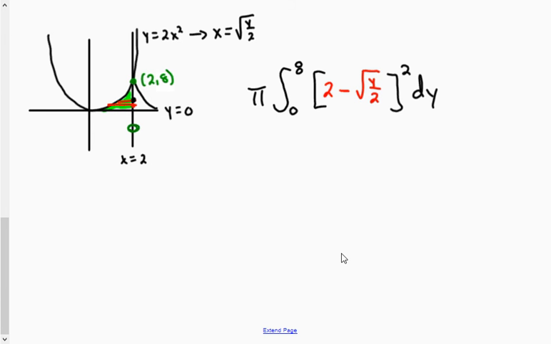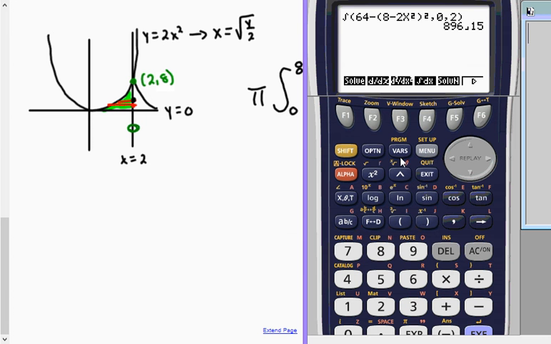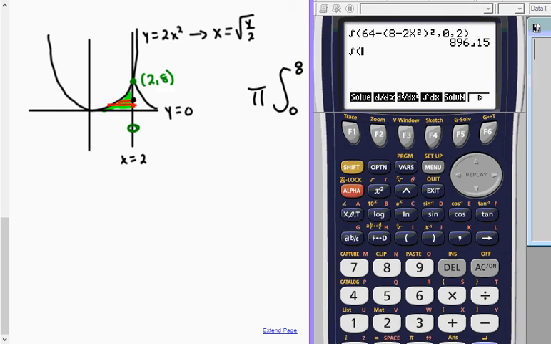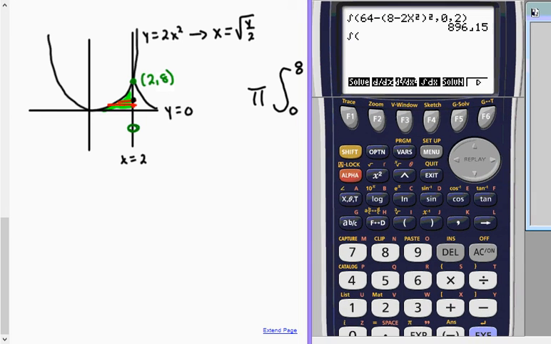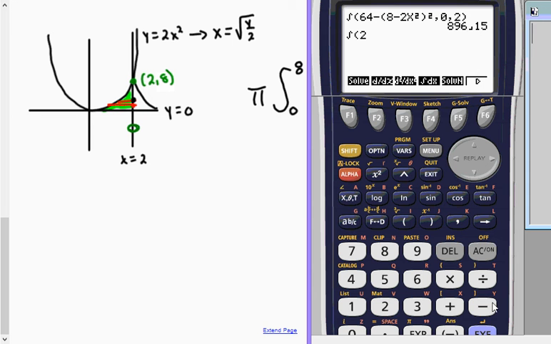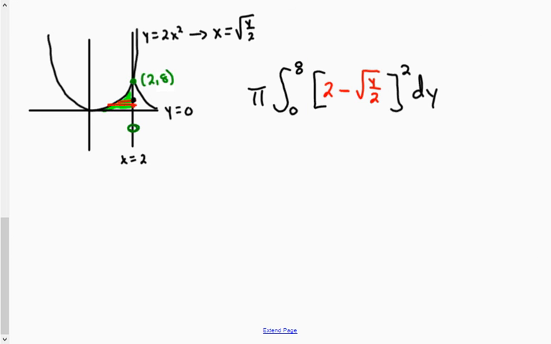So, to save time, instead of working that out by hand, I'm going to go ahead and just grab the calculator, and I'm going to integrate 2 minus the square root of y over 2. I should have put a parenthesis there, because I want that whole quantity to be squared.